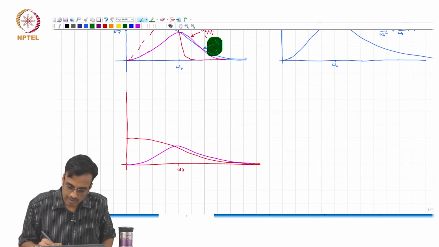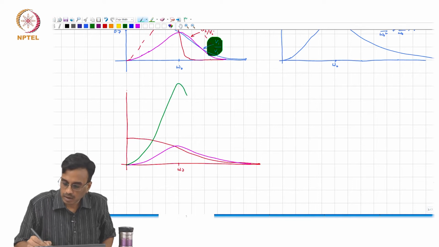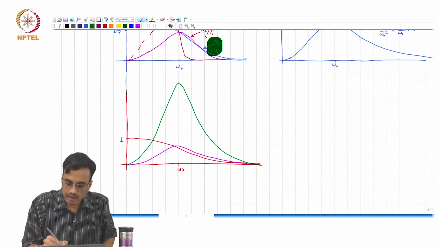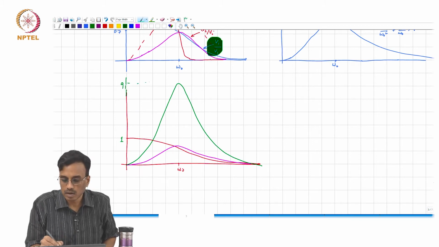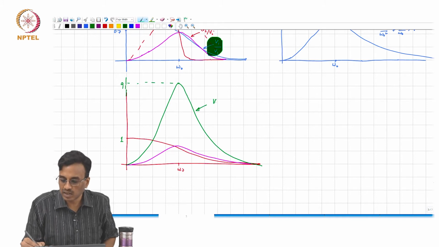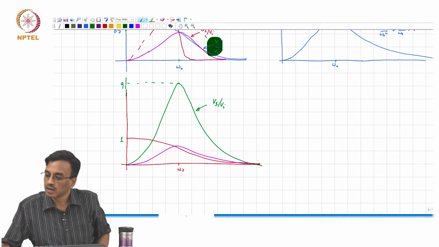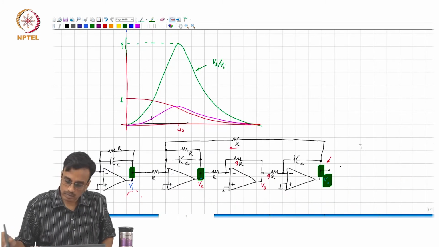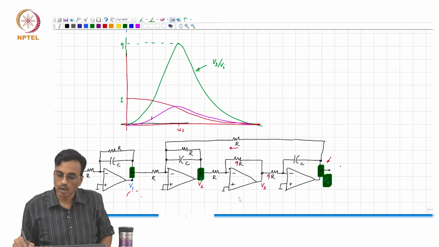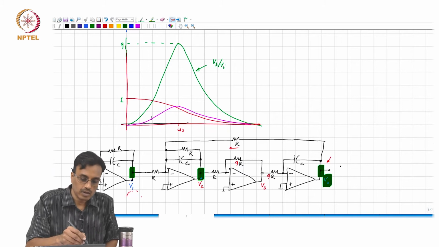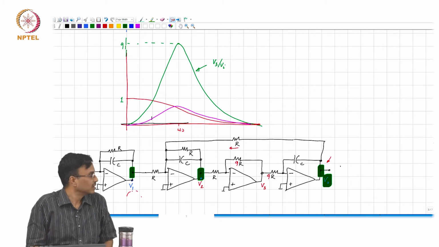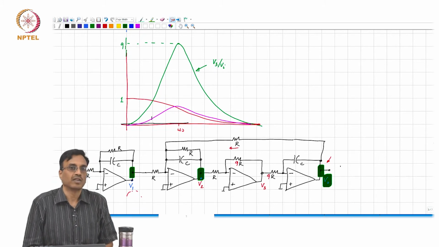Well, this is say 9, okay, and this transfer function is nothing but V3 over Vi. Now the question is, hey, is this good or is this bad, or it doesn't matter, or what?